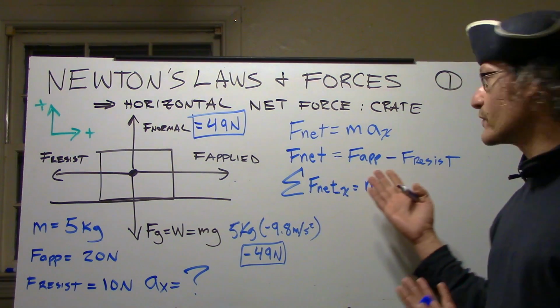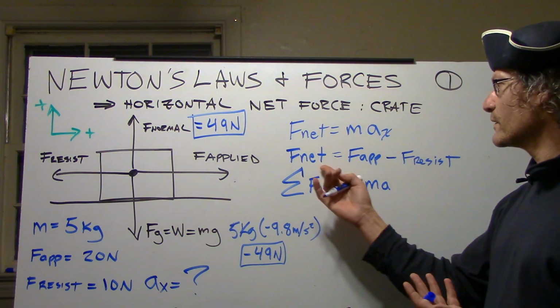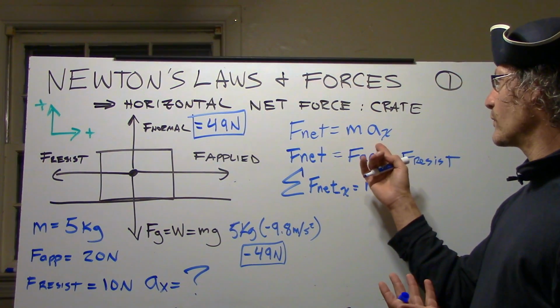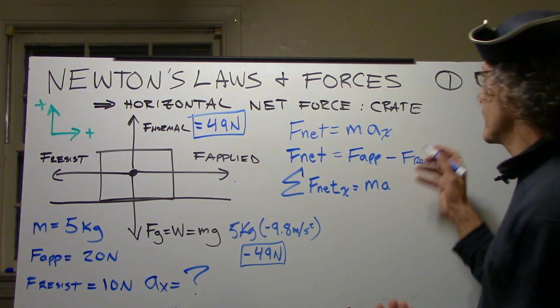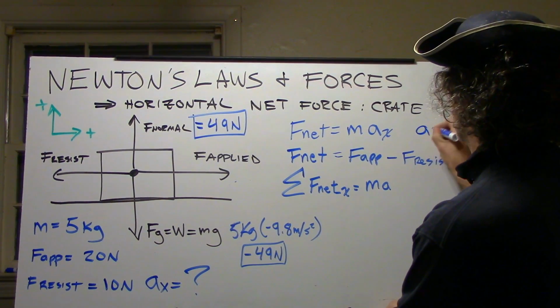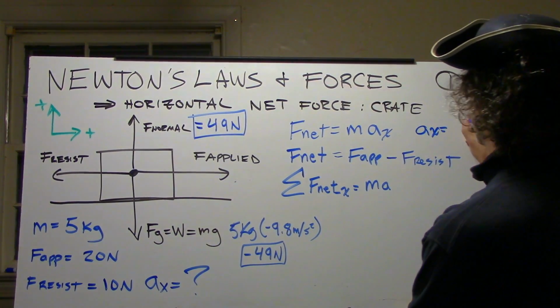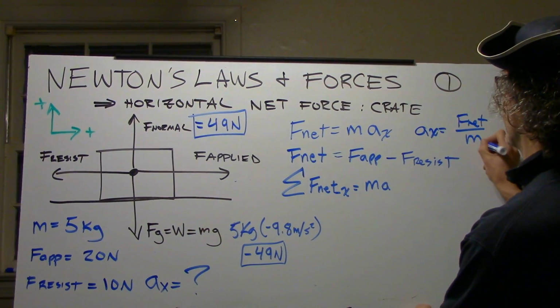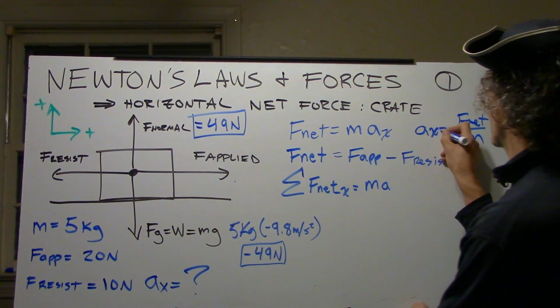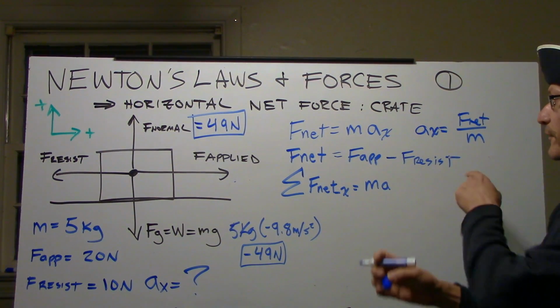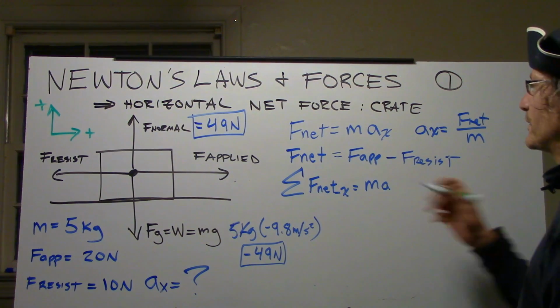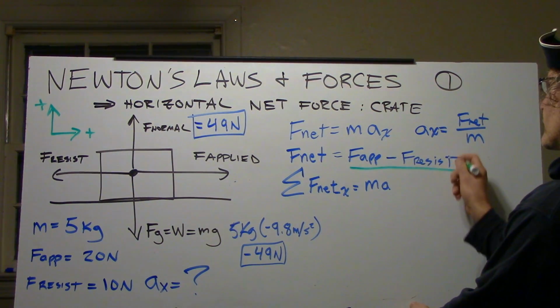Well, now that I've got this equation over here, I can figure out what F net is and then solve for A, okay? Now AX is simply F net over M for mass, that's it. So it's an easy equation, and the F net part will come from over here, where we've got force applied and force resist.